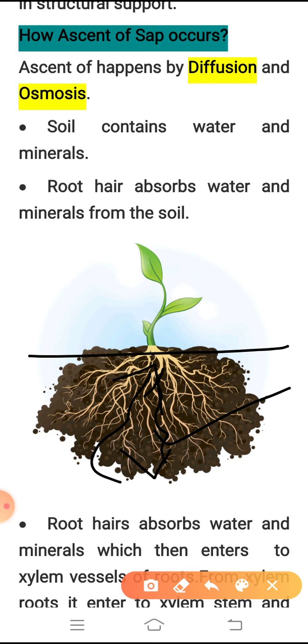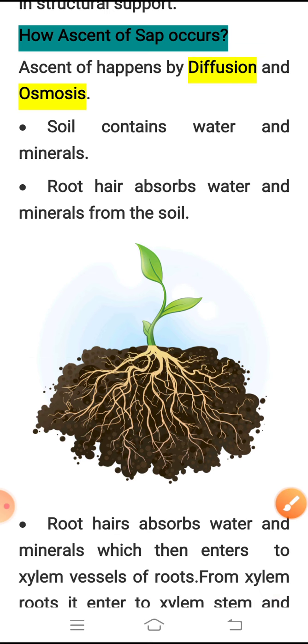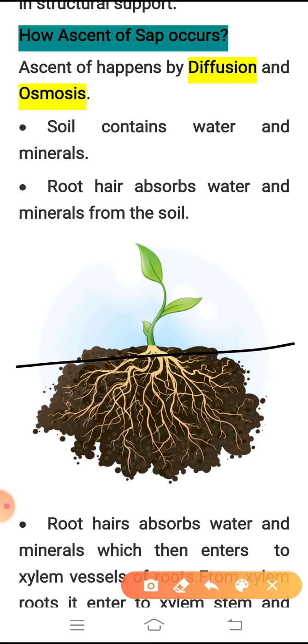Then what is meant by diffusion? Diffusion means the movement of particles from the region of higher concentration to the region of lower concentration. The water and the minerals from the soil move through diffusion to the roots or the root hairs. As a result of the diffusion, the root hair absorbs the minerals and water.